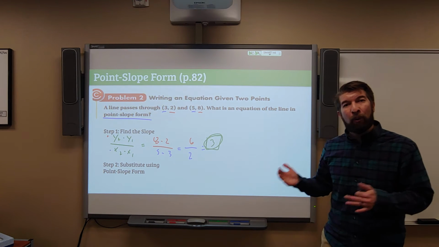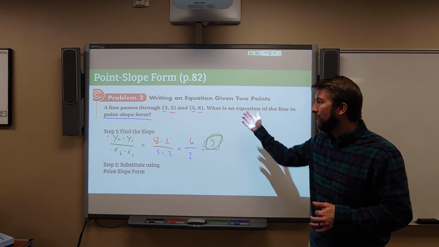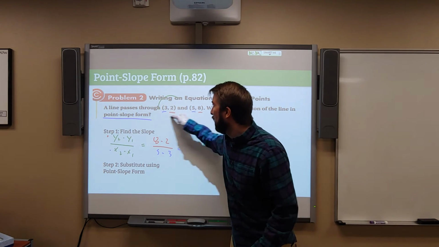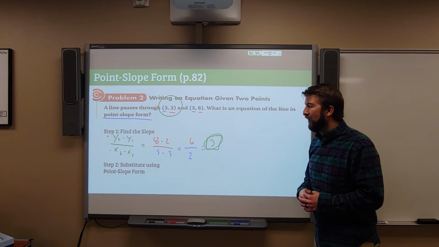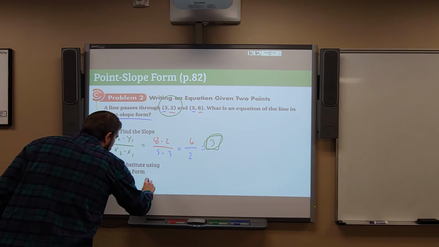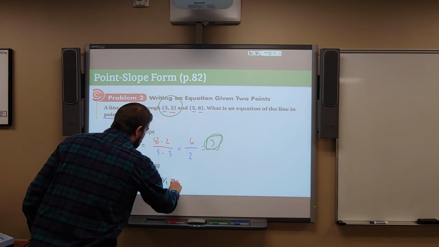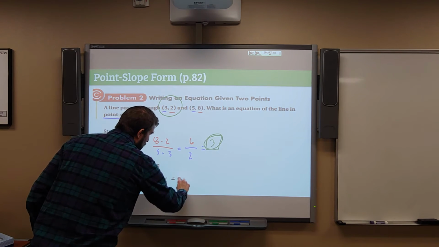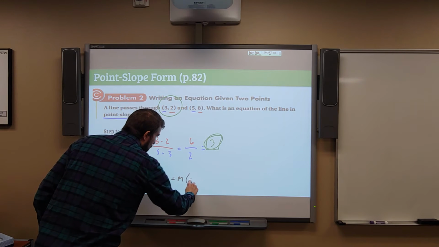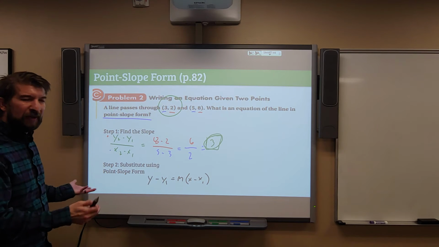So now, using point-slope form, I need to simplify this, and I'm just going to choose one of the points. I'm just going to use this point. And so you can write out the formula like that, and then just substitute stuff.